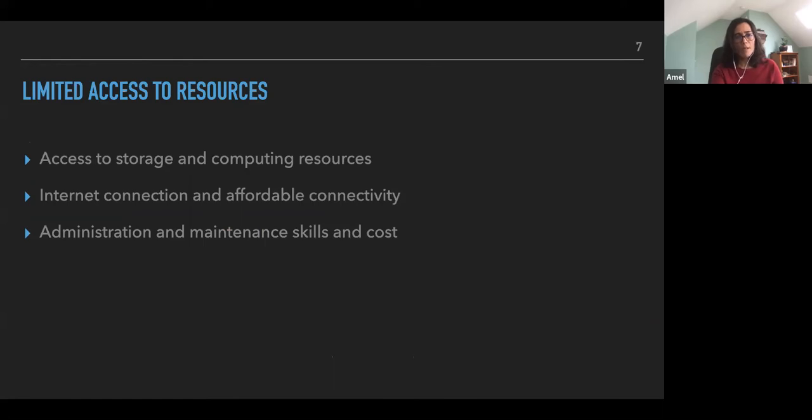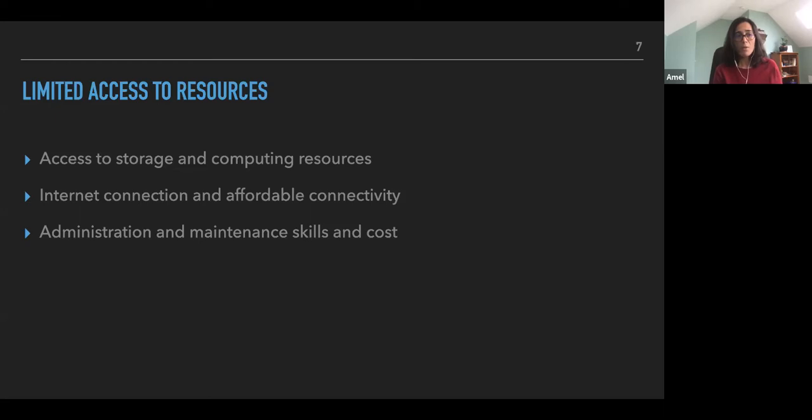So if we think about the digital divide in terms of geographies, we do definitely have limited access to resources in low and middle income countries in terms of accessing storage and computing resources, but also accessing internet connections.